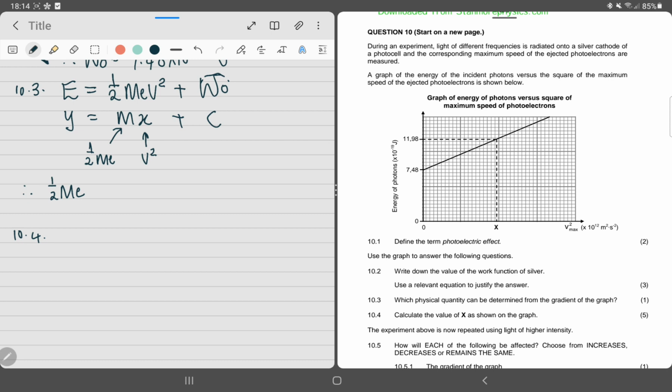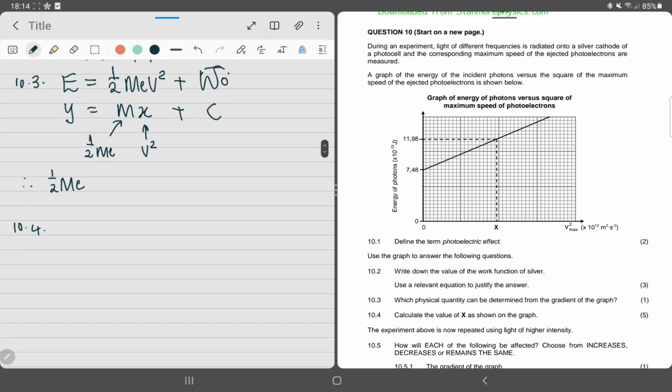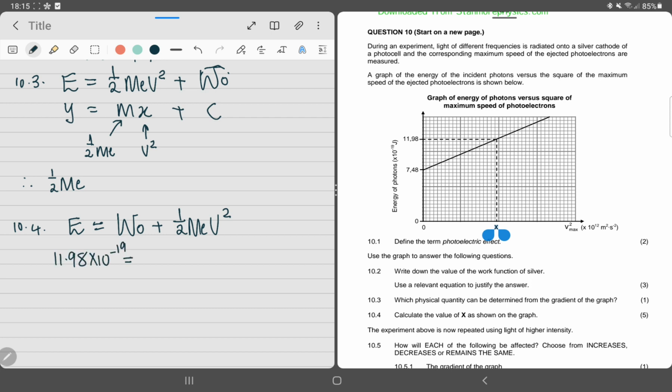Calculate the value of x as shown on the graph. So when v squared max is x, the energy should be equal to 11.98 times 10 to the exponent of negative 19.